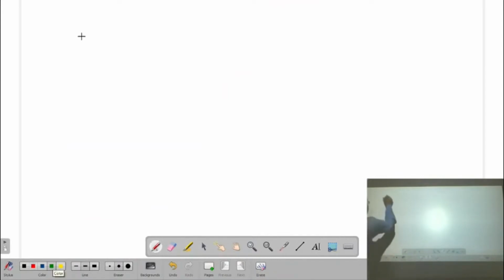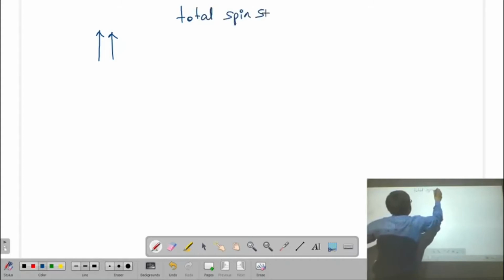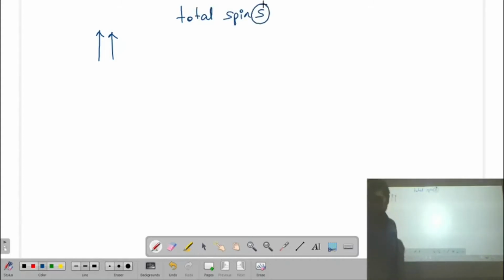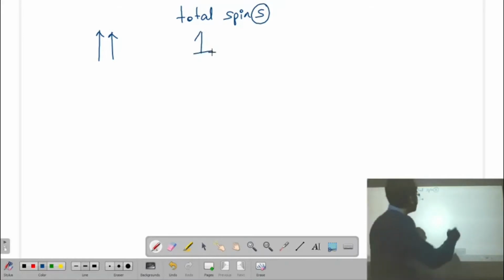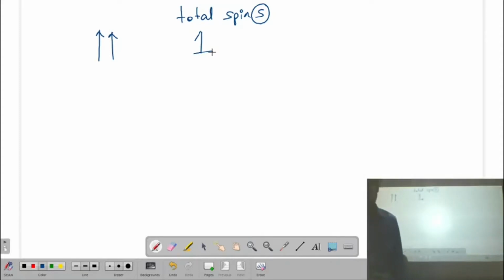That is either both the electrons have positive spin, both the electrons have spin in the same direction, then total spin S will be 1, and the z component is nothing but, remember, the magnetic quantum number, can have positive or negative value.